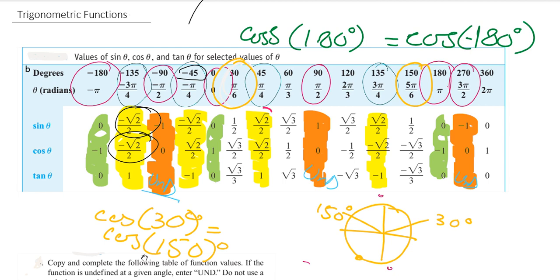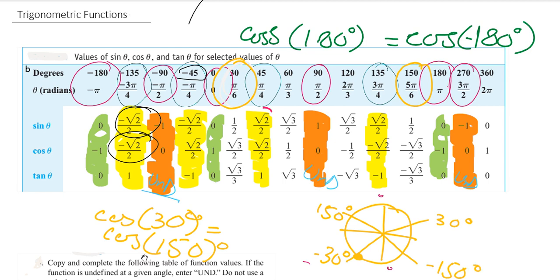ask you any question related with the negative 150 degree or the negative 30 degree, you can say that that will lie over here in third quadrant, and in third quadrant only the cos value will be positive and the sine and tan value will be negative, and negative 150 will lie over here.